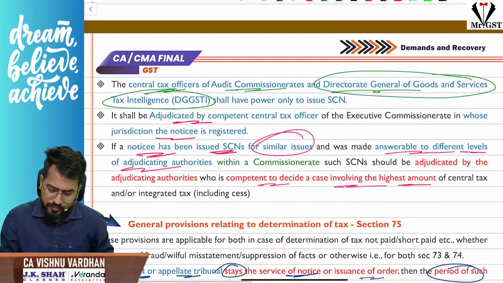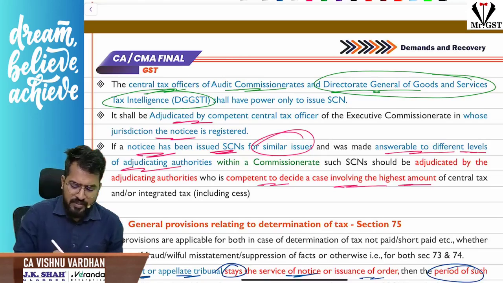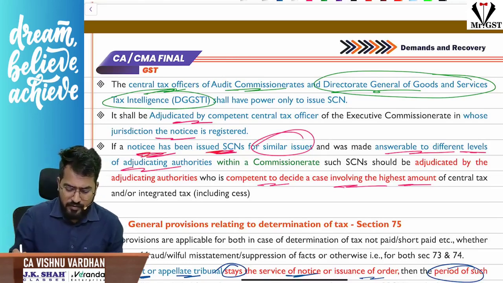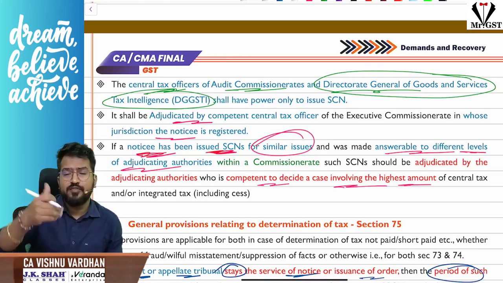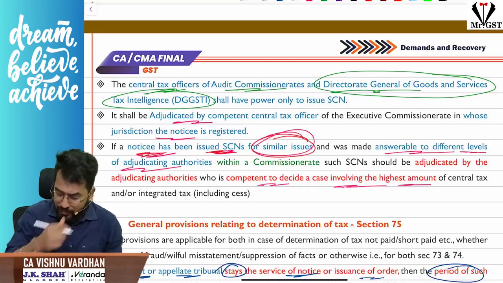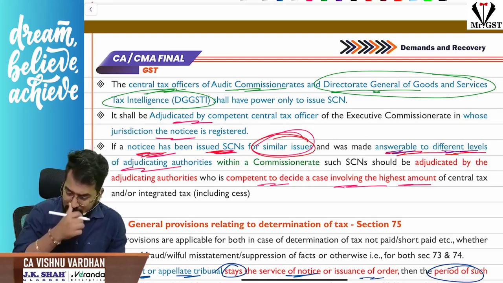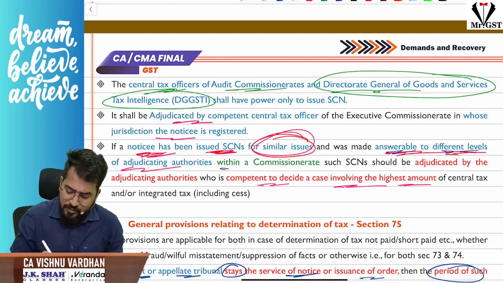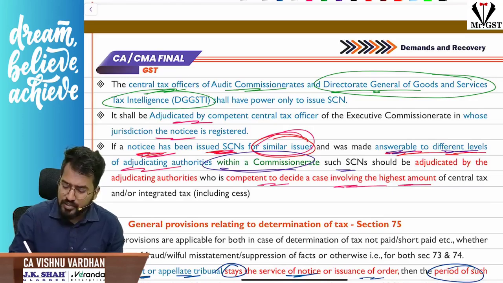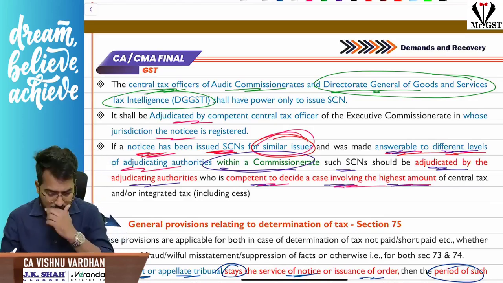Next, suppose there is any notice which has been issued, and the noticee, that is the taxpayer, has got different show cause notices for similar issues and is made answerable to different levels of authorities, then within a commissionerate, such show cause notices should be adjudicated by the adjudicating authority who is competent to decide a case involving the highest amount of tax.